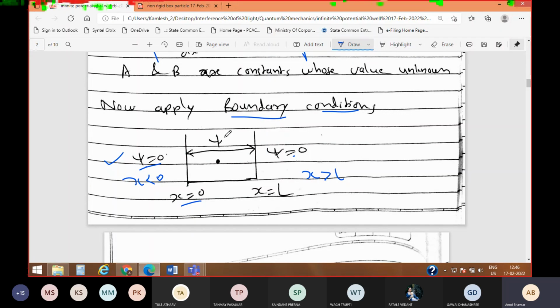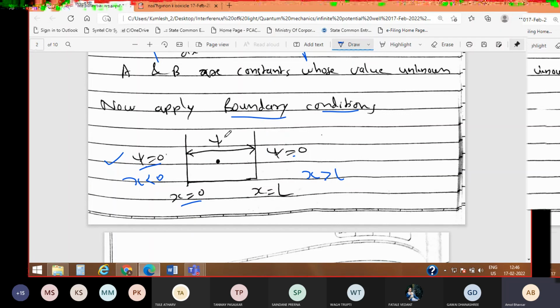So what is my equation? Equation 2 becomes, what is equation number 2? This is psi is equal to a sine of kx plus b cos of kx. If I put this value of b equal to 0 in equation number 2, then this whole term becomes 0.